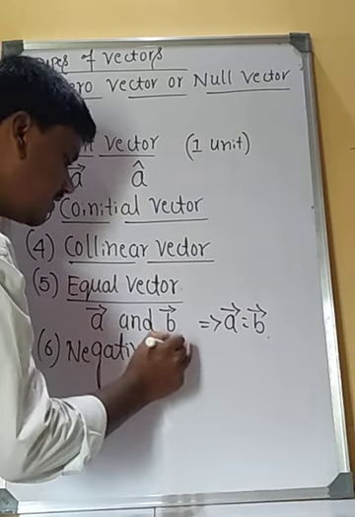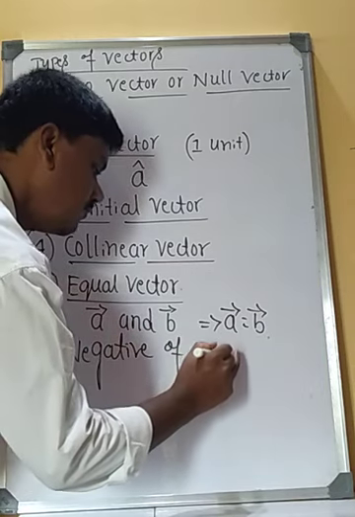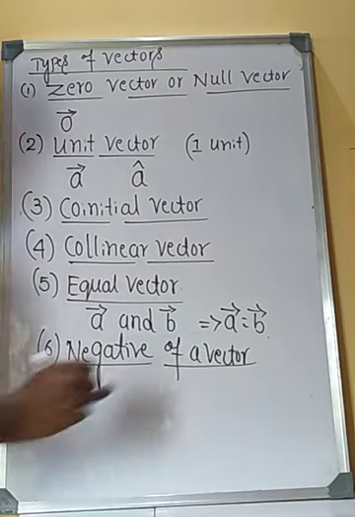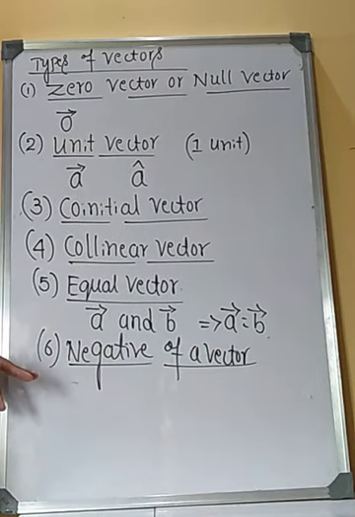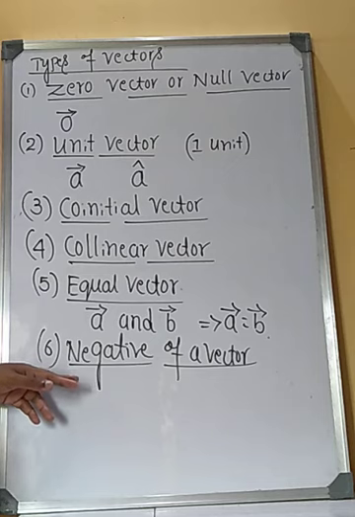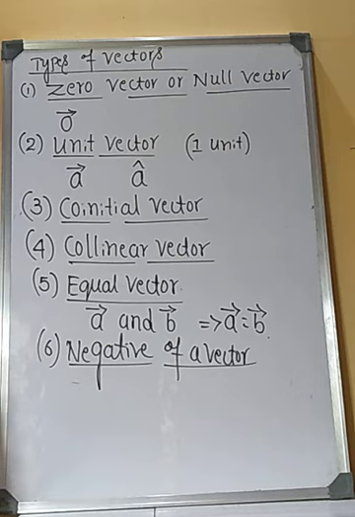The next one, the sixth one, negative of a vector. A vector whose magnitude is the same as that of a given vector, but direction is opposite to that of it, is called a negative of the given vector.